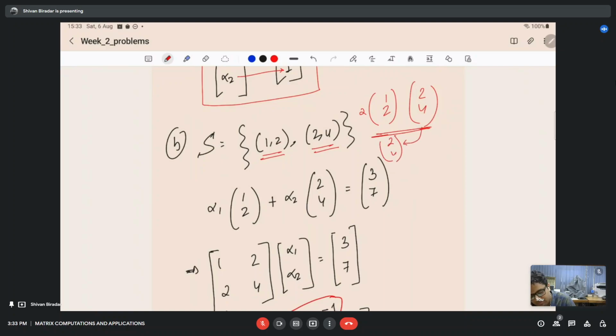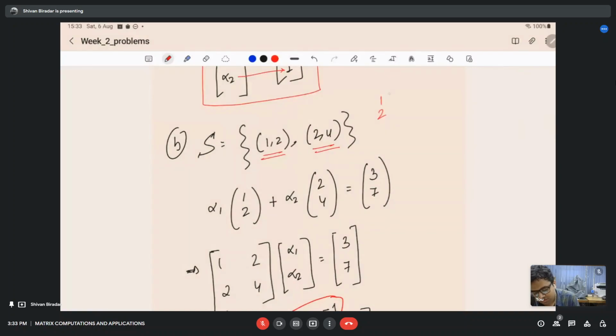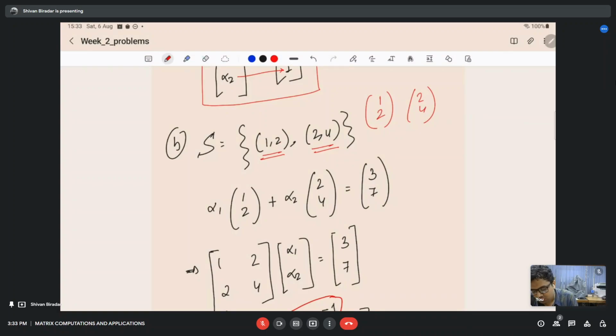Remember, these two vectors are the same, which means that they are linearly dependent. So at this point you have to say that 3, 7 cannot be inside this, because 1, 2 and 2, 4 are linearly dependent, which means that I can take this out of the scenario.